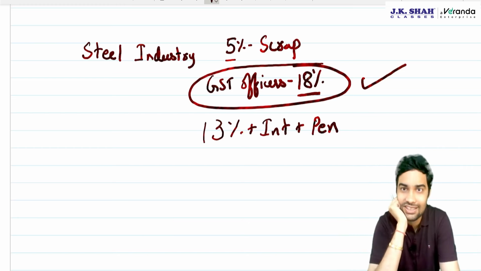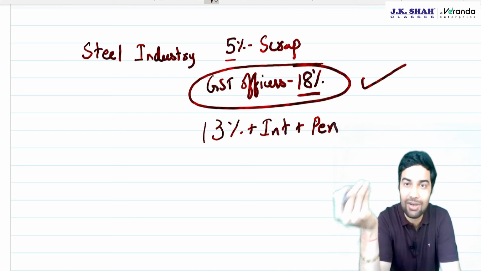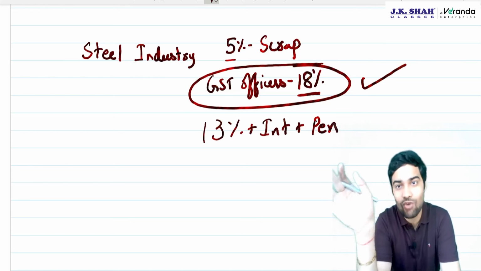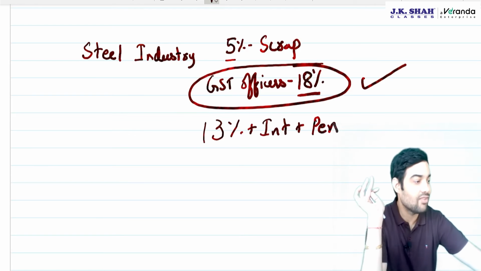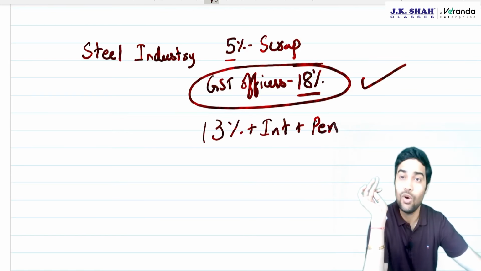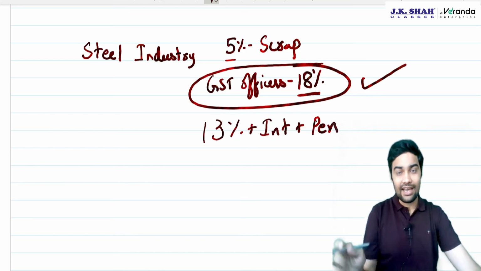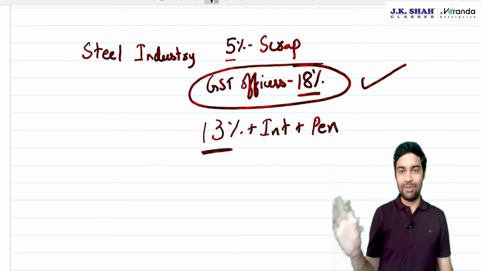So what should be done? Now government has the power. The power is that government can waive off this entire thing. What can they waive off? They can waive off this entire 13%, which was due to a practice.